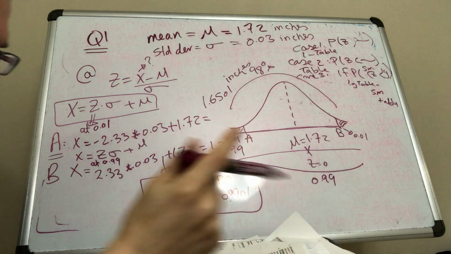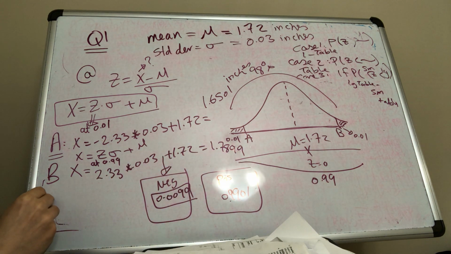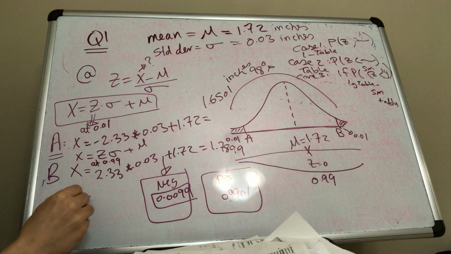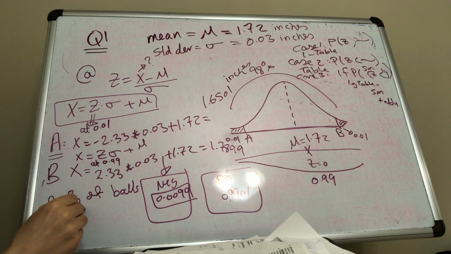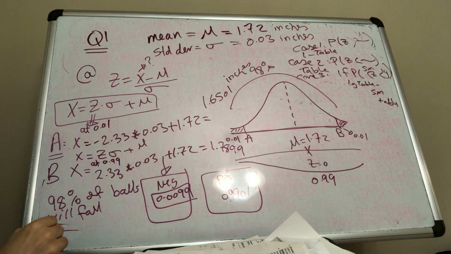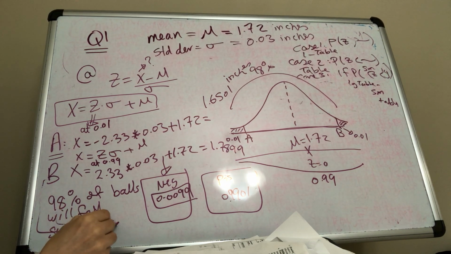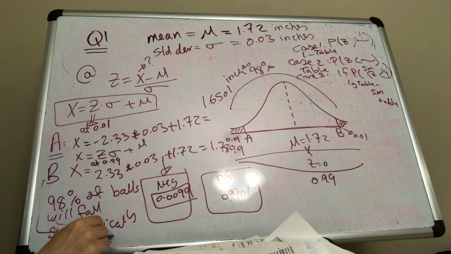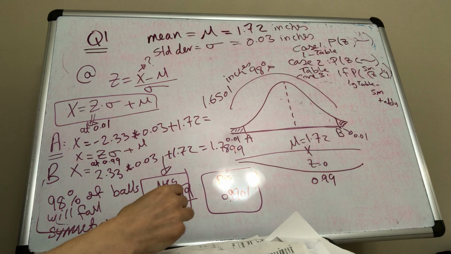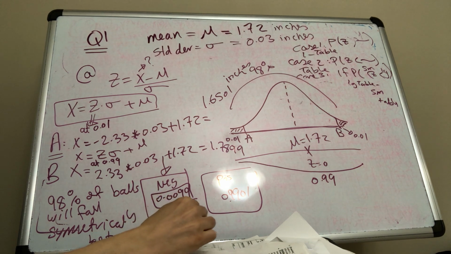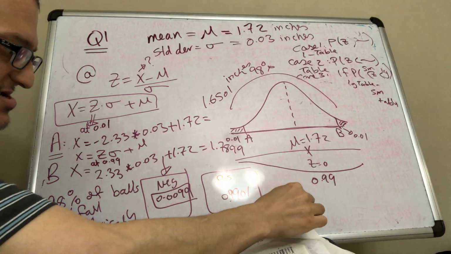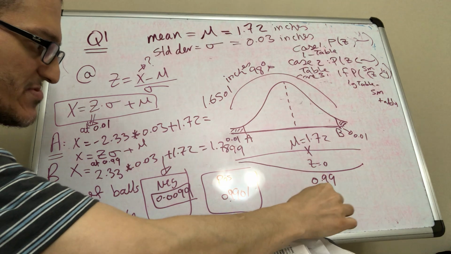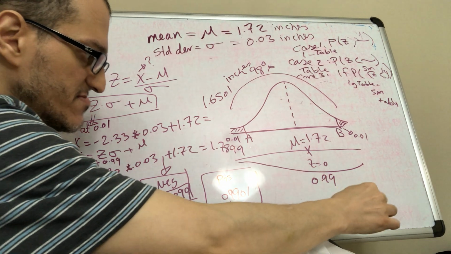So you can say that 98% of balls will fall symmetrically between, and you put the two numbers, they will fall between 165.01 inches and 178.99 inches.